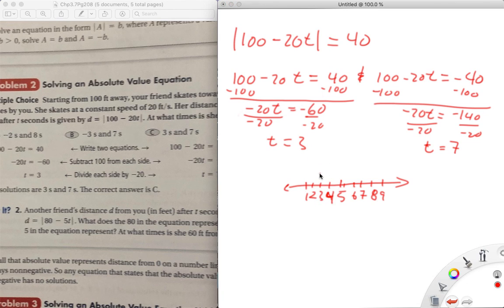So it's going to be at t equals 3 and t equals 7. The reason why I chose 5 is because I divided 100 divided by 20 here, and that gave me 5. So that was my indicator that was going to be my middle term.